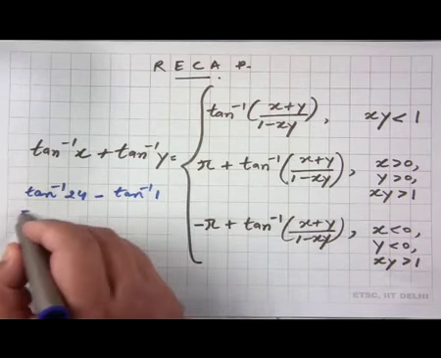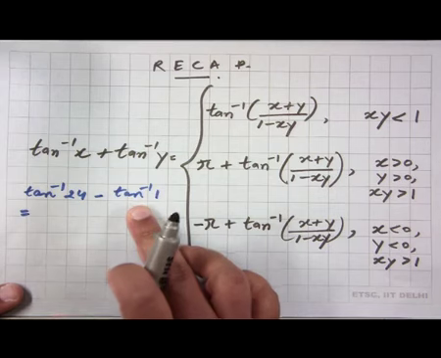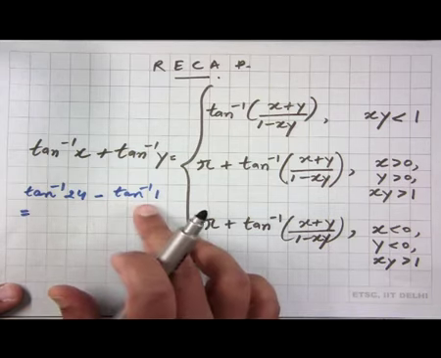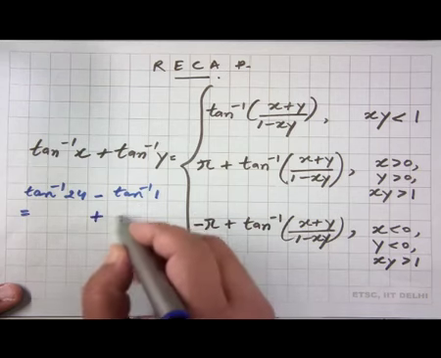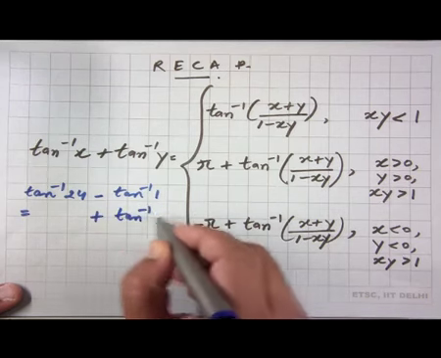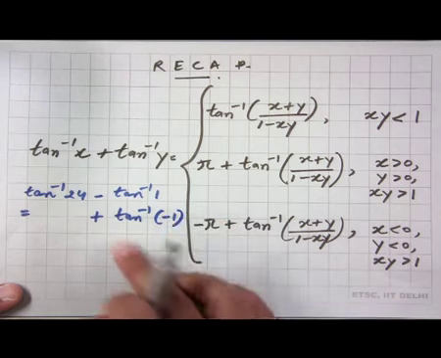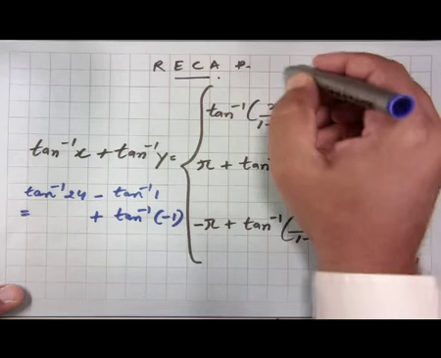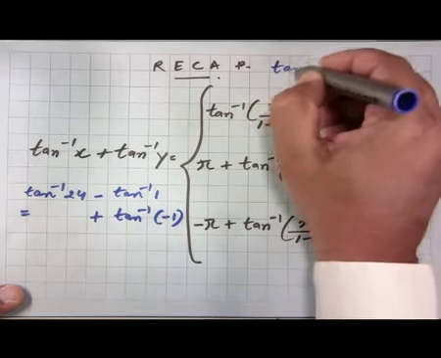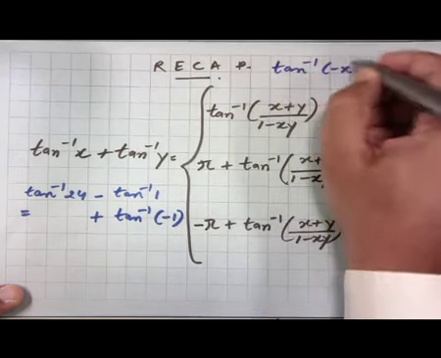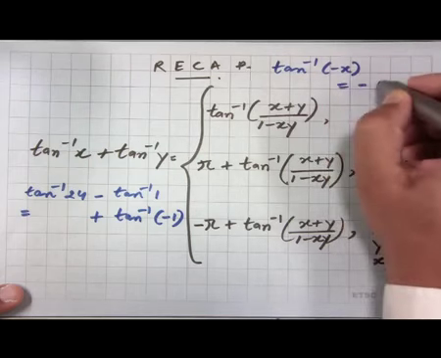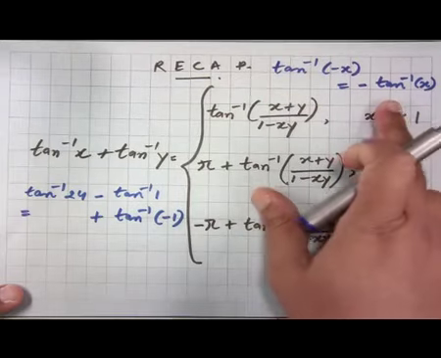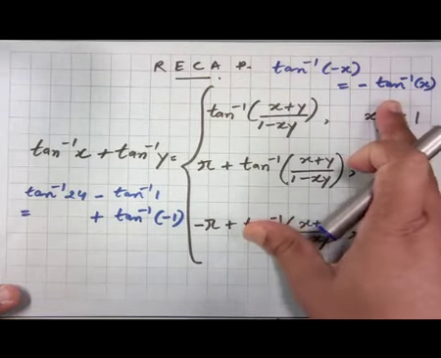Because tan inverse is an odd function, I can write minus tan inverse of 1 as plus tan inverse of minus 1. What I mean to say is that for any x, tan inverse of minus x equals minus tan inverse of x, and we have shown this identity in a previous lecture.